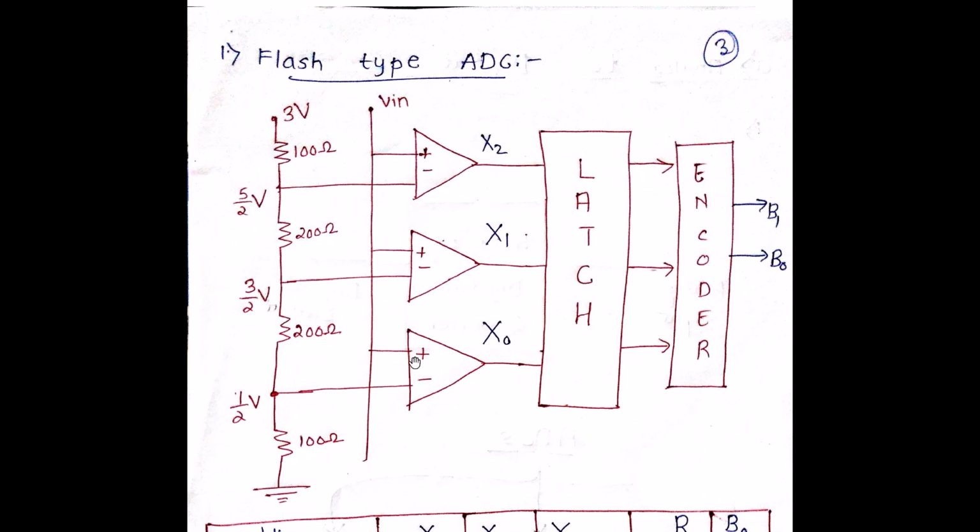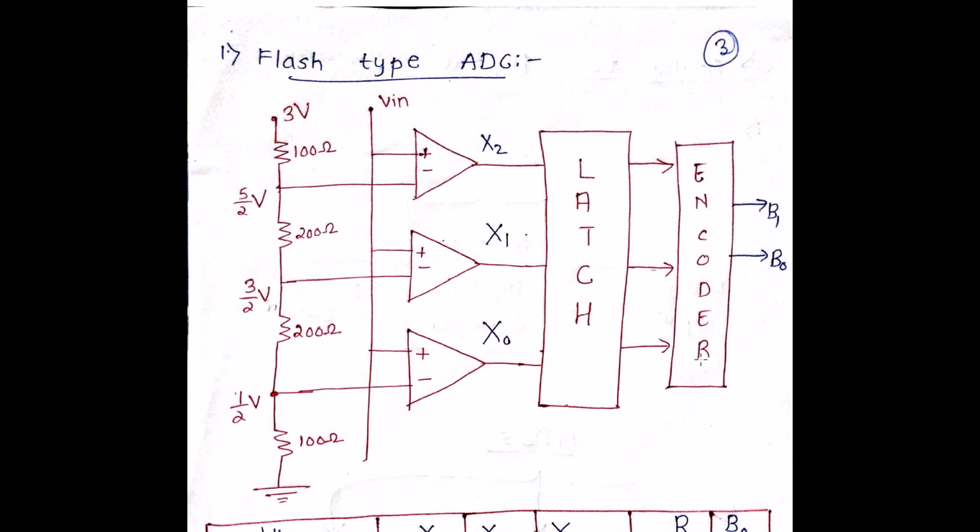We have these op-amps which are connected in the form of a comparator. The outputs are connected to a latch circuit. Then we have an encoder which is going to encode my analog input into my digital output. So basically it's going to convert my analog input into a 2-bit output in this particular case.